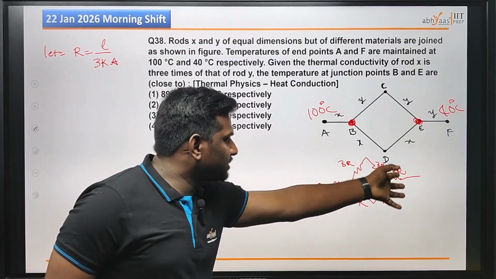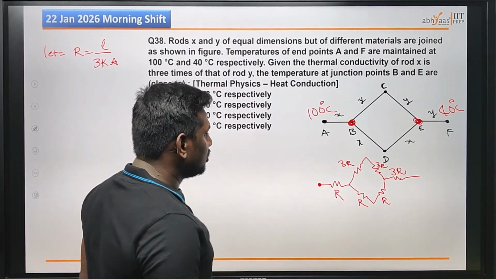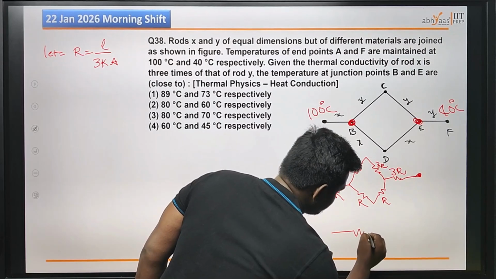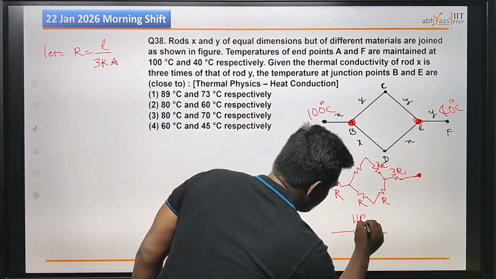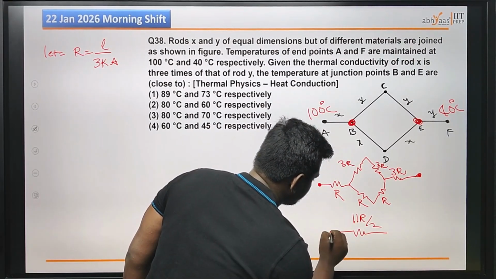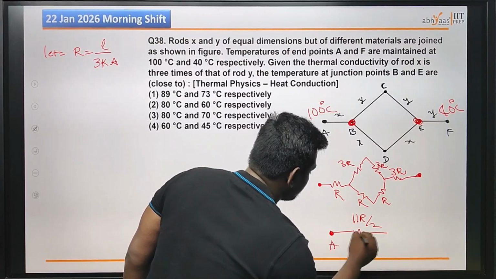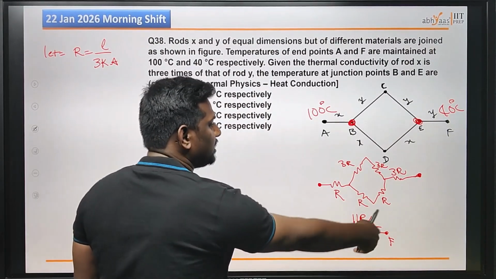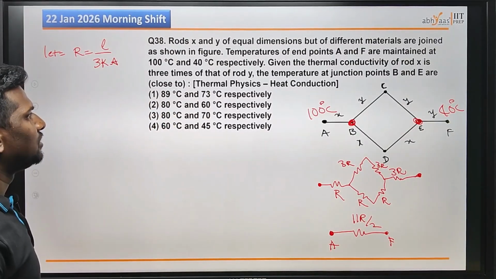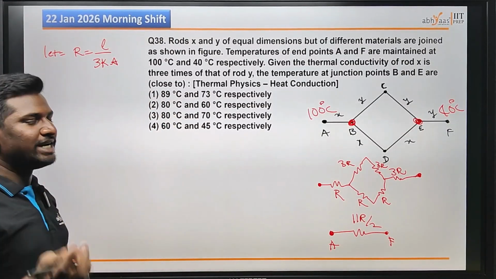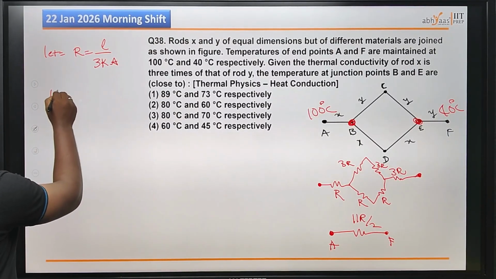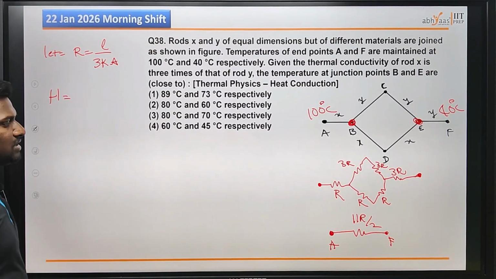So if you find this equivalent resistance, you will get 11R by 2. This is between point A and point F, 100 degrees and 40 degrees. So if you want to find heat, it can be written as change in temperature by thermal resistance.